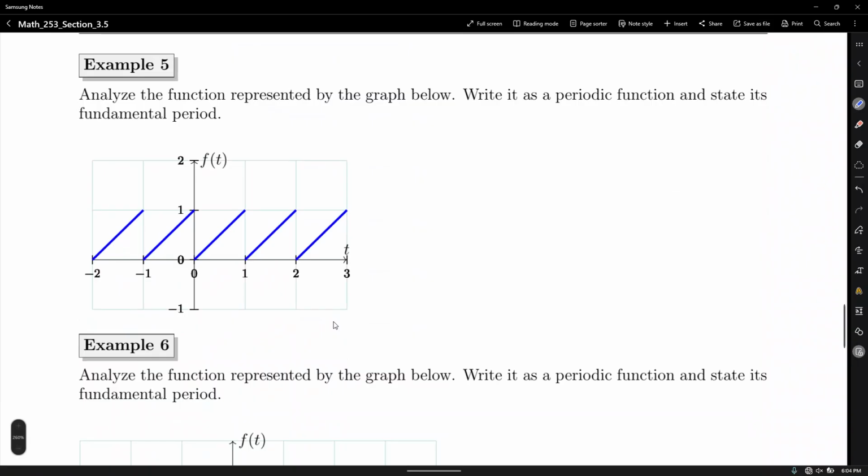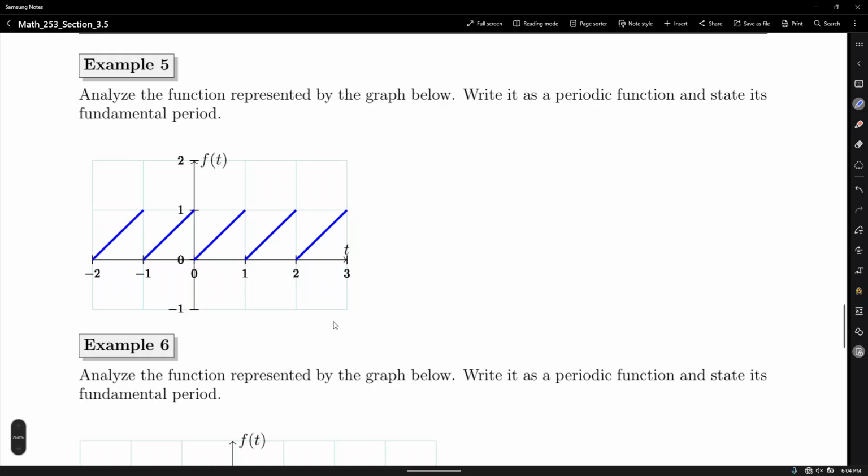Have a look at this function represented by the graph below. Write it as a periodic function and state its fundamental period. Okay, so this function looks like a bunch of diagonal lines interrupted every how many units? Every unit, right?